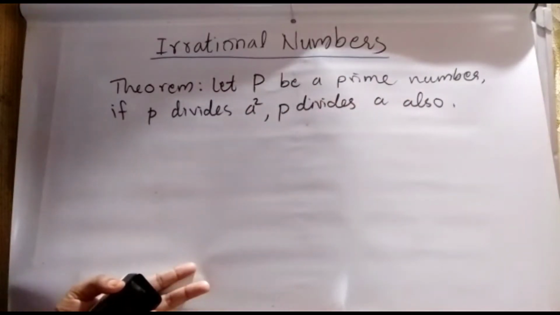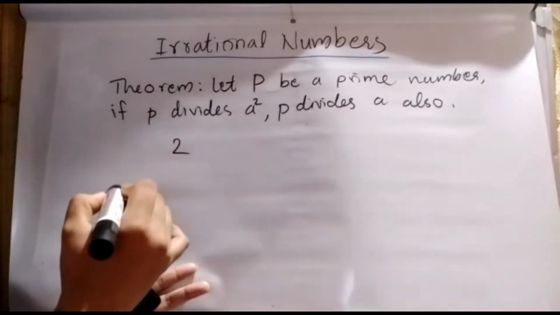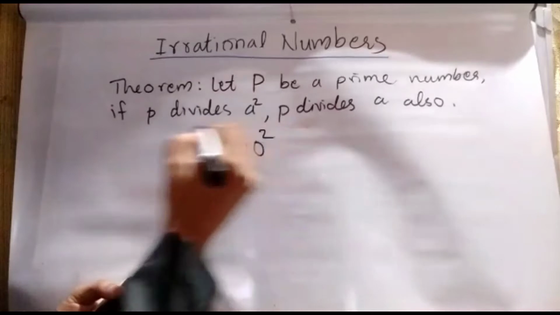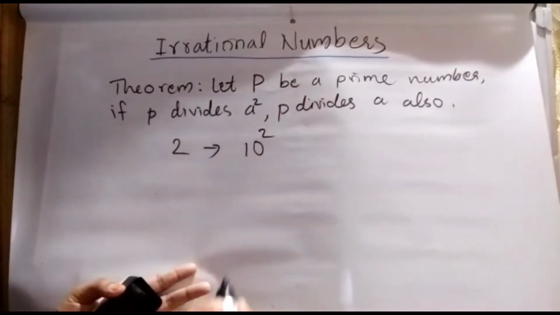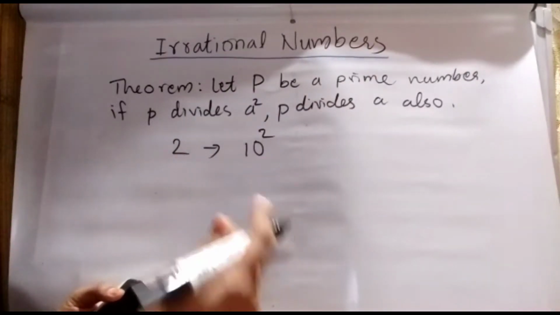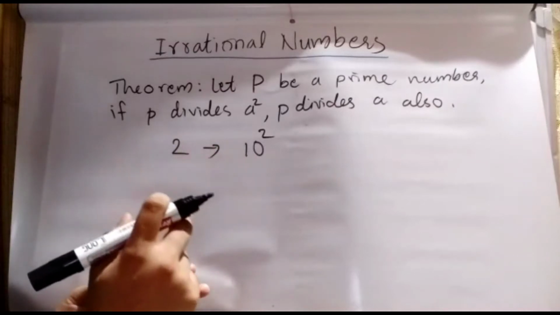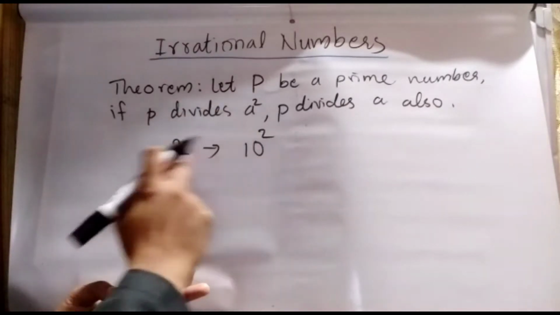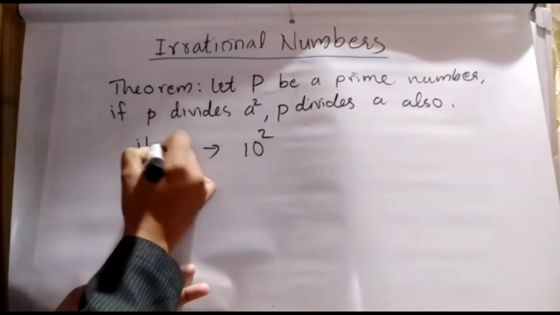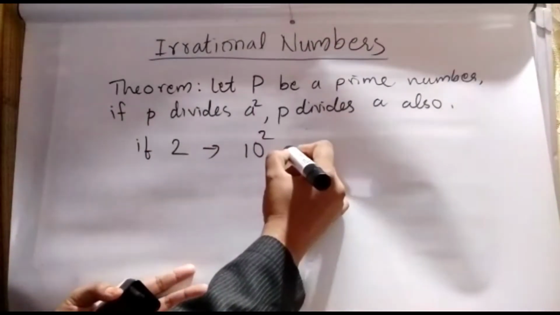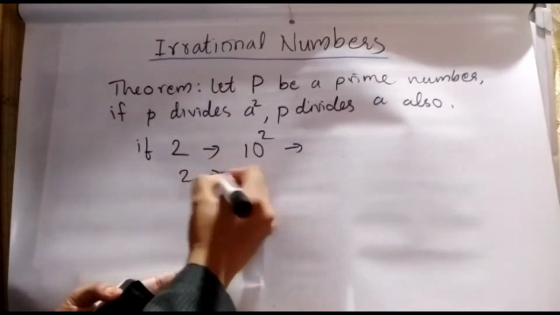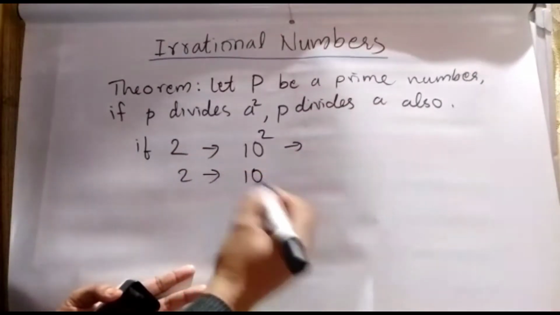Let's discuss with an example. 2 is a prime number. If 2 divides 10 square, 10 square is 100. We can divide 100 by 2 and we will get 50. So 2 is a prime number, 2 divides 10 square, and 2 divides 10 also.